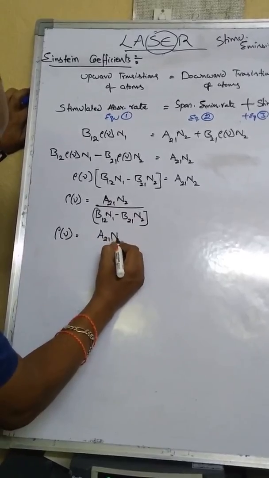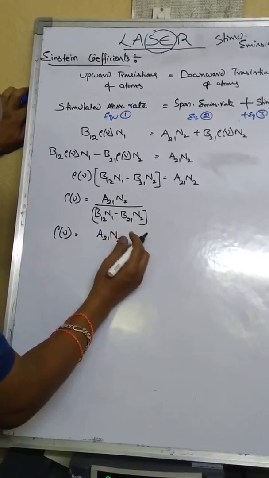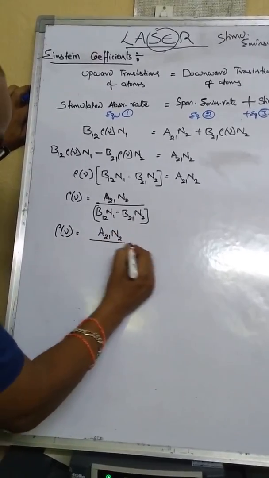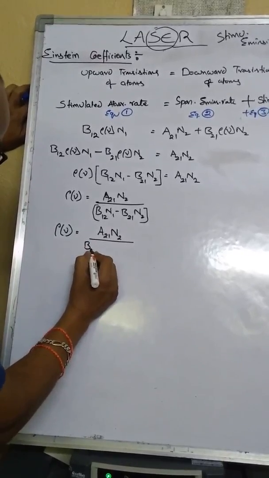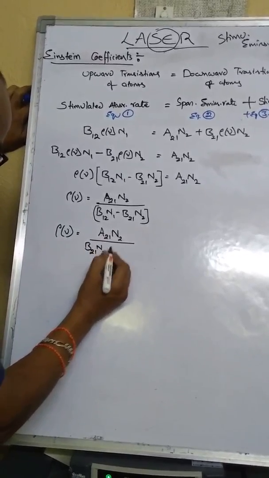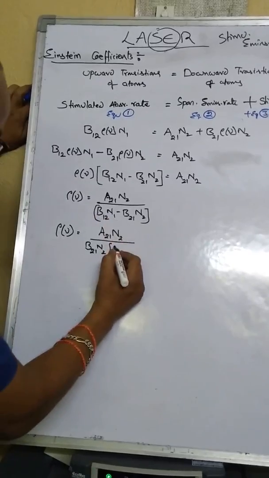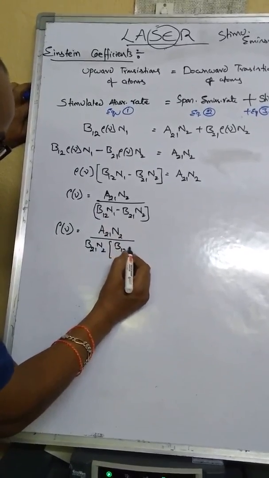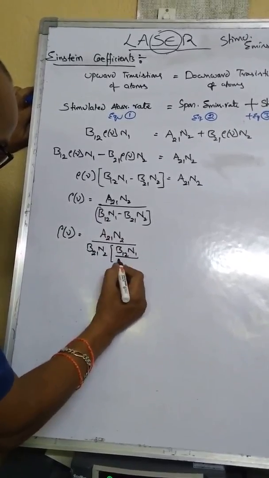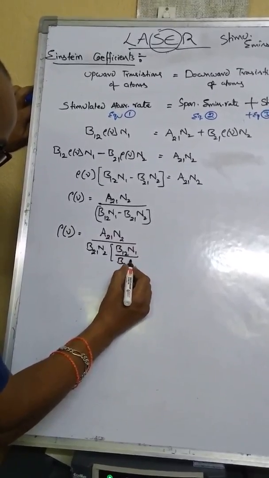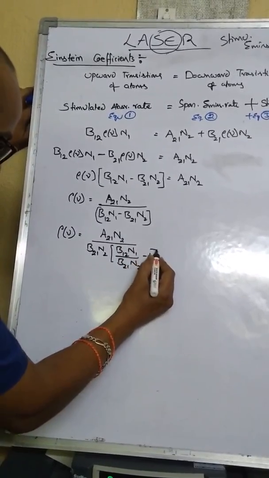I will write an extra step: taking B21 n2 as a common term, what happens here is B12 n1 by B21 n2 minus 1.